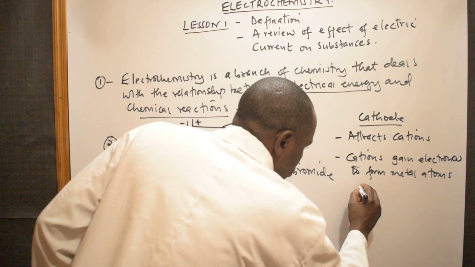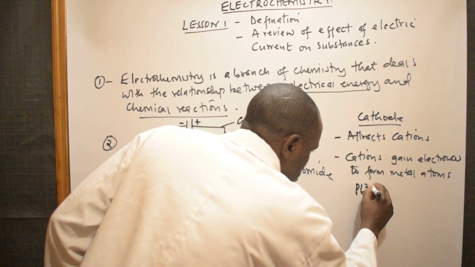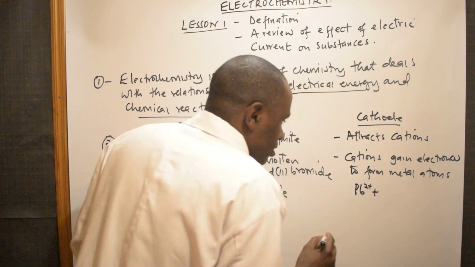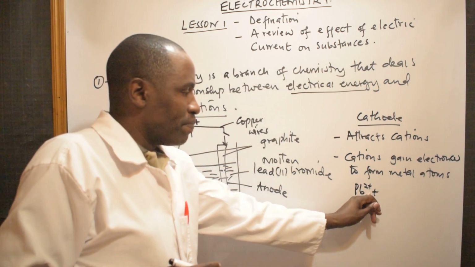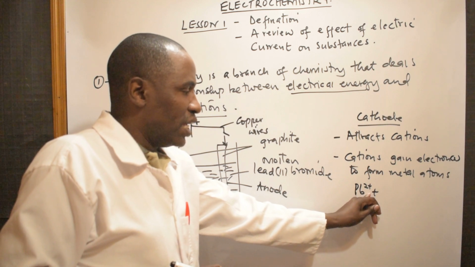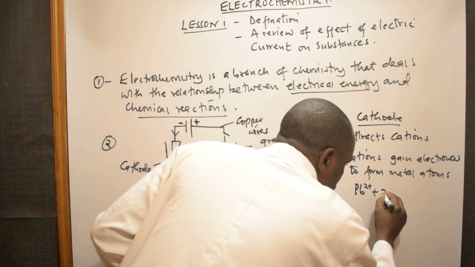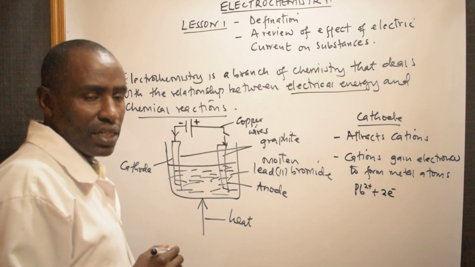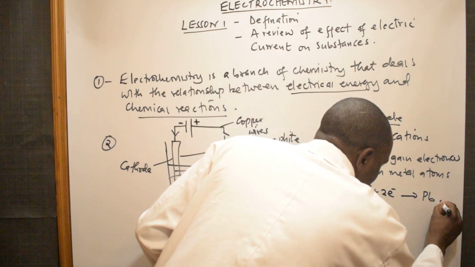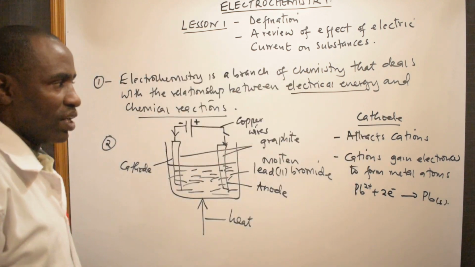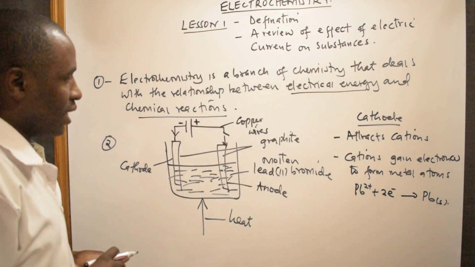Therefore, we're going to have lead ions. And the lead ion here, the fact that it is 2+ means that it has already lost 2 electrons. And when it comes here now, it is going to gain the 2 electrons that it earlier lost. And we're going to have the lead metal. That's what we're talking about.